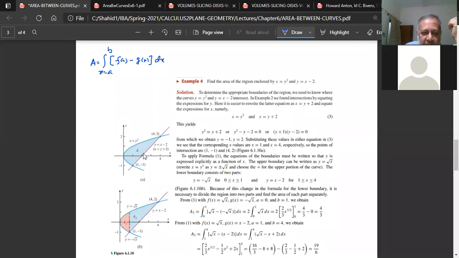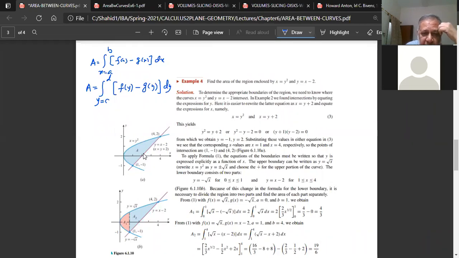On the straight line the x values are larger, whereas on the parabola the x values are smaller. So the integral will change from depending on x to depending on y, with y from c to d: the function of y which has greater values minus the other function of y, integrated over y.